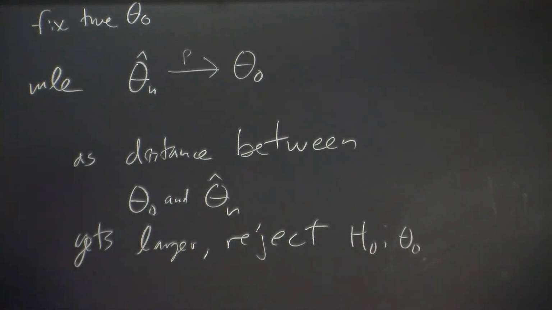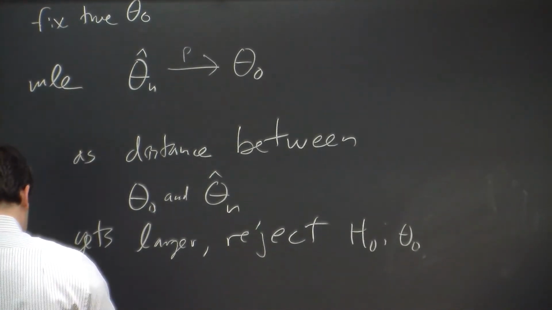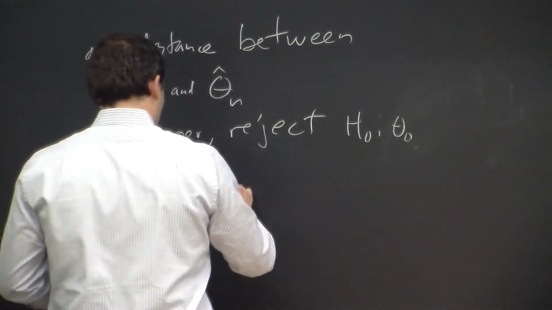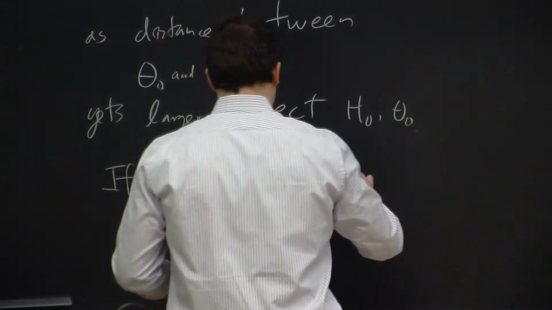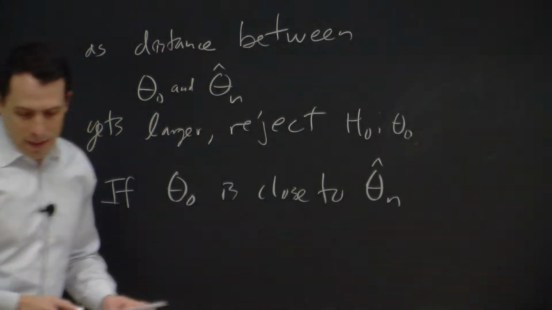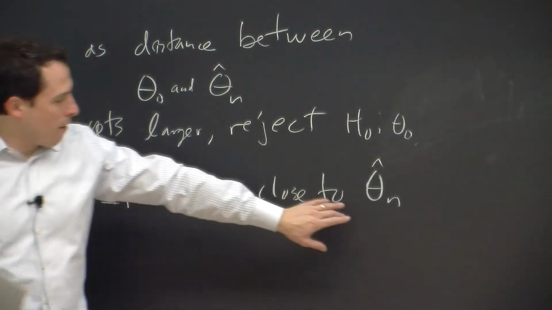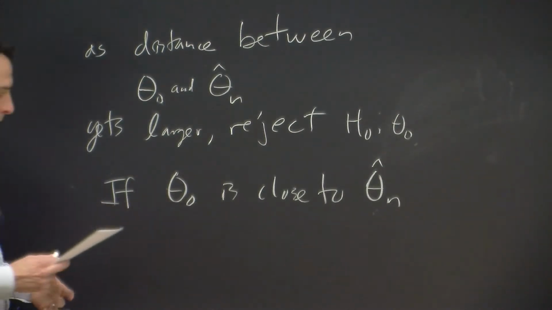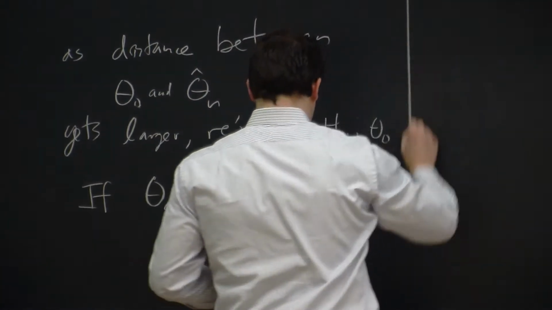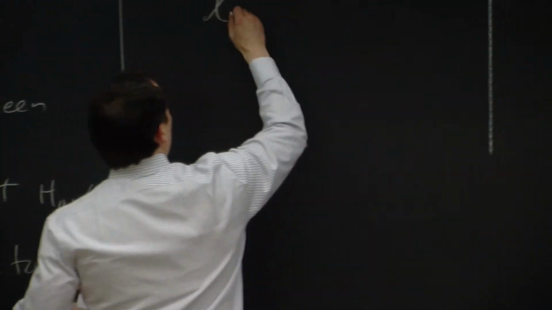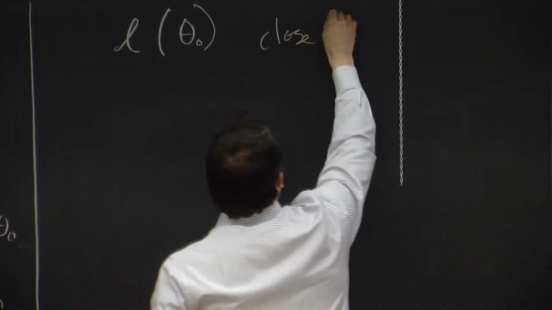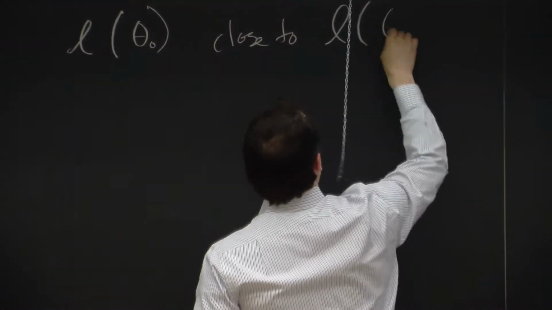So the other techniques for constructing intervals or doing tests come from the observation, well, if theta naught is close to theta hat n, so if our MLE is close to the null hypothesis value, other things will be close as well. Namely, well, the likelihood of these two quantities should also be close together.